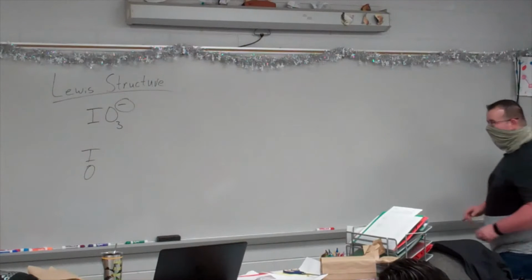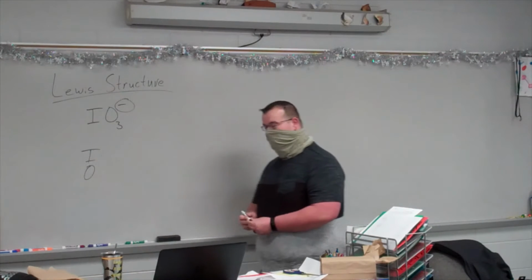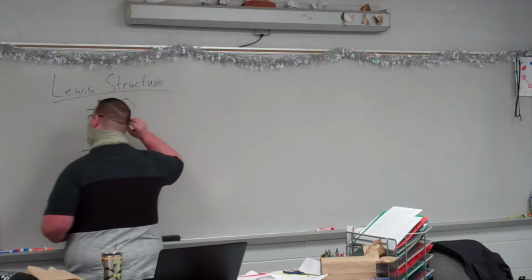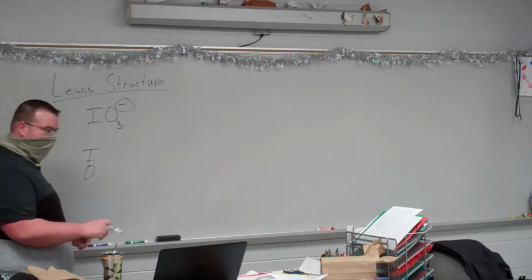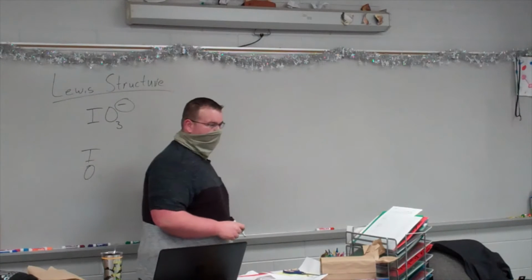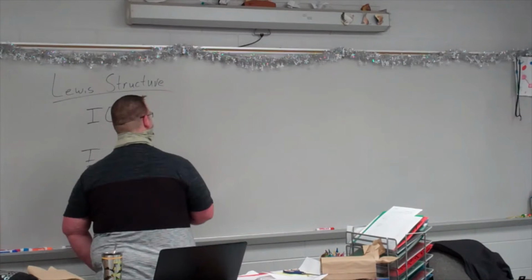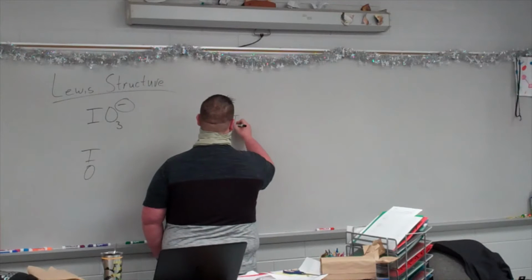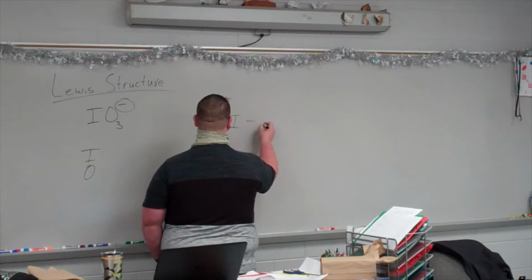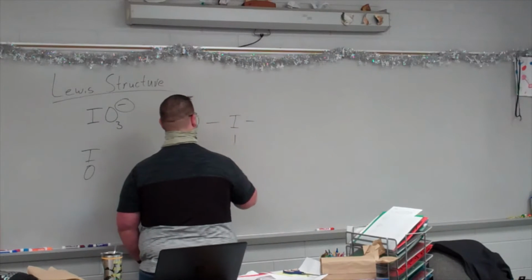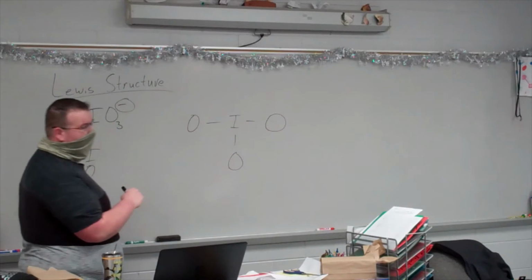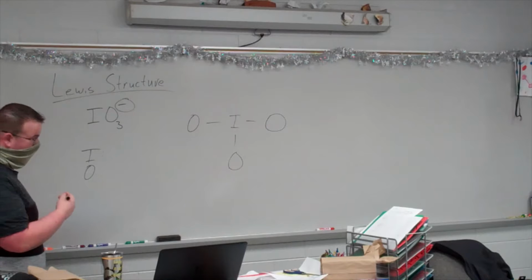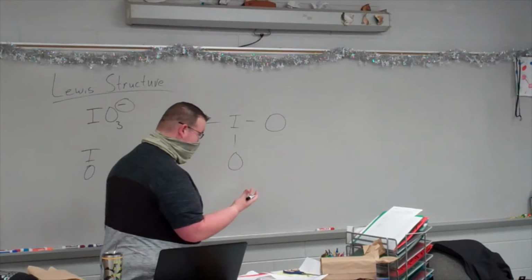Okay? So, doing IO3 negative, and I do have your polyatomic ion list that we'll give you shortly. We start with iodine in the center and draw the skeleton with the 3 oxygens. Then we give everybody a full octet. The oxygens have a bond, which gives them 2 electrons.